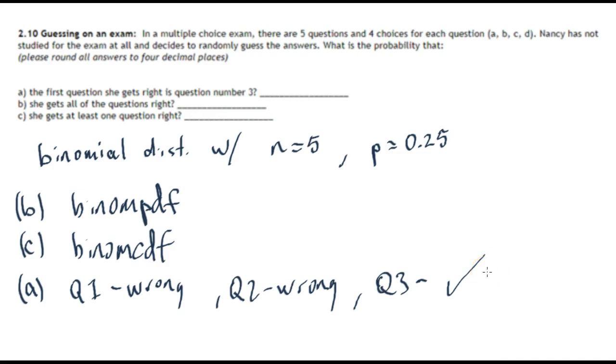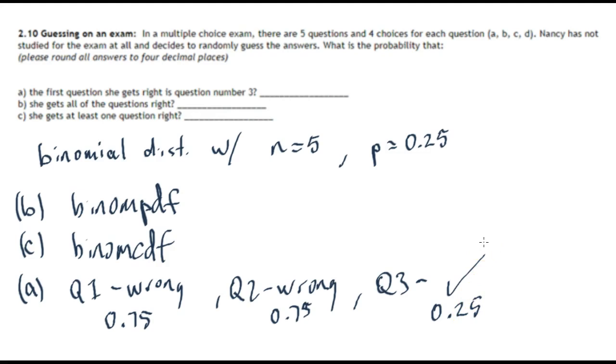So we can determine the probabilities of each individual part. The probability of getting it wrong the first time is 0.75, because there's 3 options of wrong and 1 option of right. So that's the chance of getting it wrong. And similarly, second question, 0.75. And then question 3, getting it correct, 0.25.